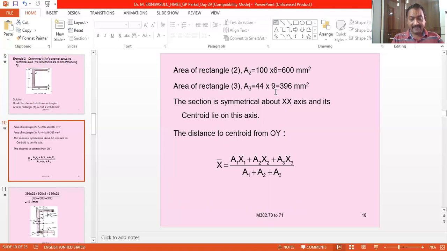So we have to find out only the x bar, that is the x distance. We know the y distance. So the distance of the centroid from OY, x bar, is equal to sigma ai xi by sigma ai, since we have three rectangles. That is A1 x1 plus A2 x2 plus A3 x3 by A1 plus A2 plus A3.